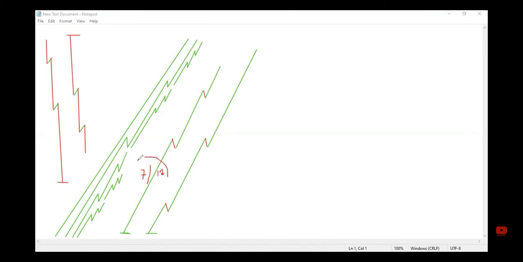This amount is not constant, 7 to 12. Why? I will explain. Every time the market may not create 7 or 12 candles, we just have to understand what is happening in the market.